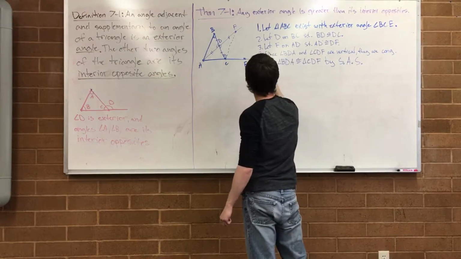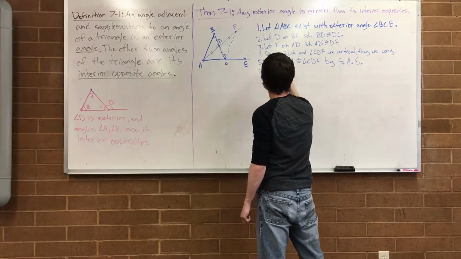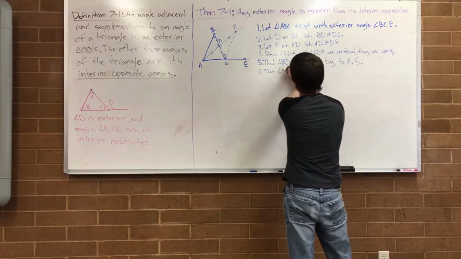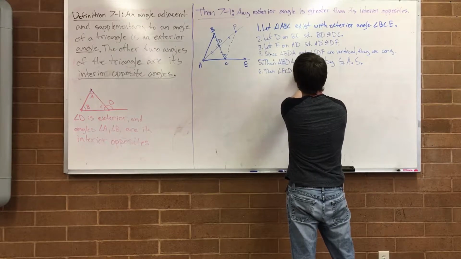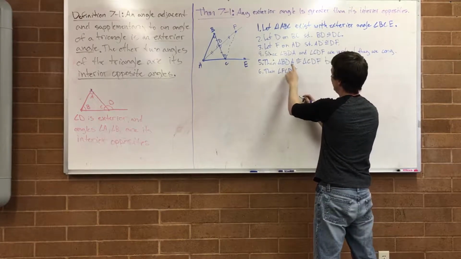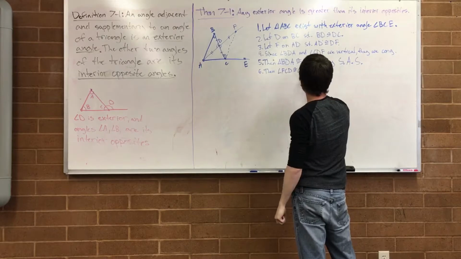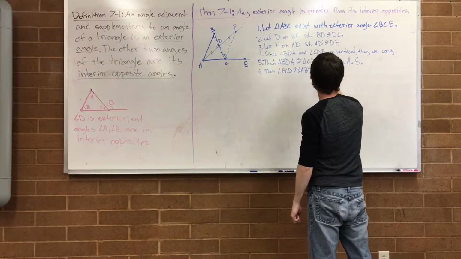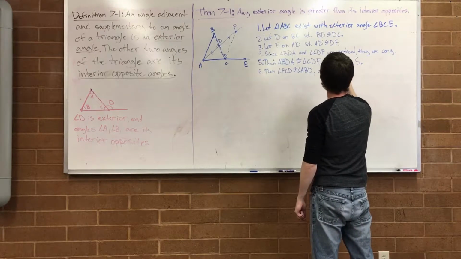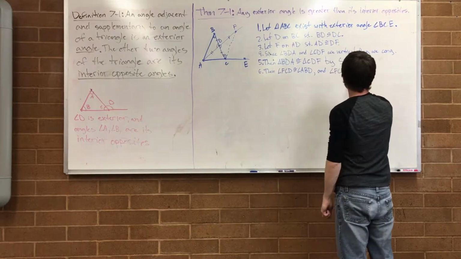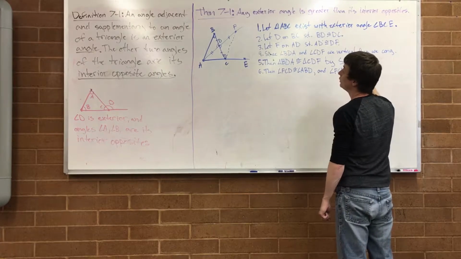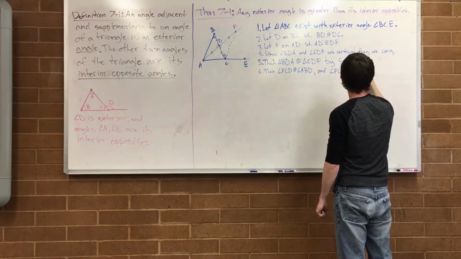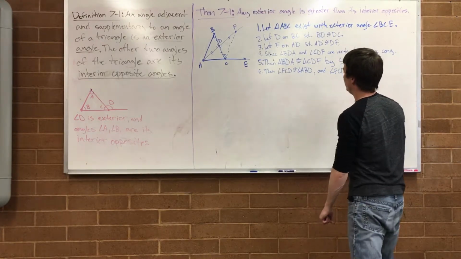So then angle FCD is congruent to angle ABD, and angle FCD is less than angle ECB.